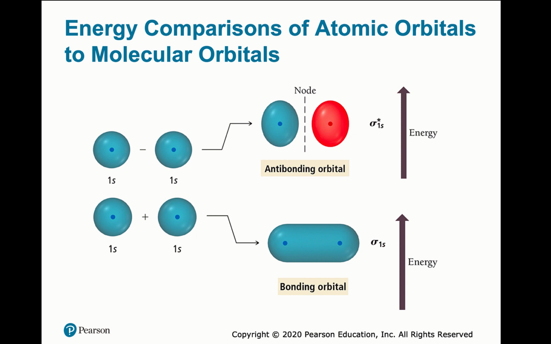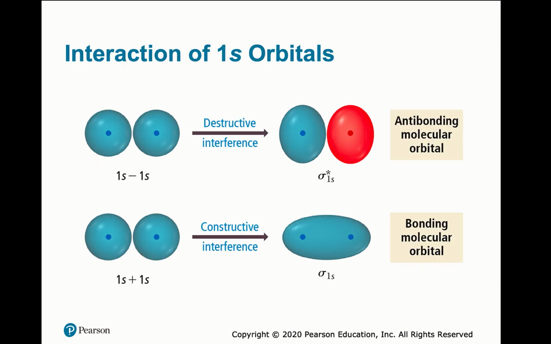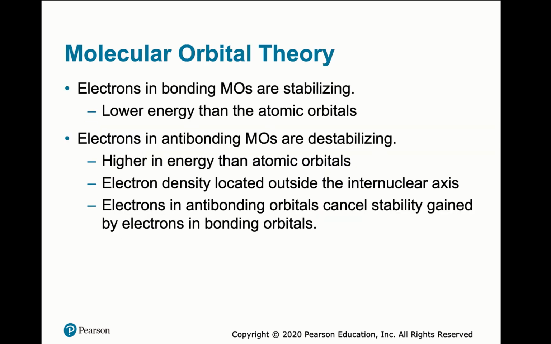You can also see the relative amount: the bonding orbital goes down in energy and the anti-bonding orbital goes up in energy. This has to do with constructive interference for a bonding orbital and destructive interference for an anti-bonding orbital.